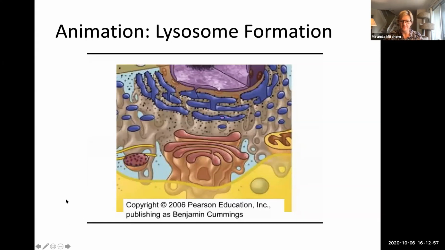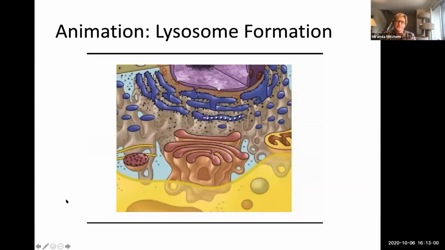Like secretory proteins and some other proteins, proteins destined for lysosomes are made on ribosomes bound to the rough ER and moved through the endomembrane system. In this case, the lysosomal protein-containing vesicle that buds from the Golgi apparatus is the lysosome itself.